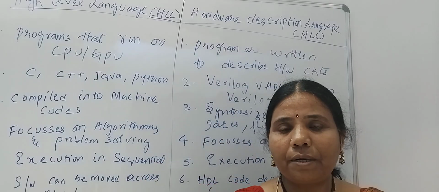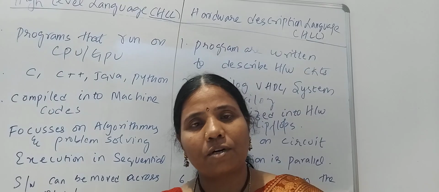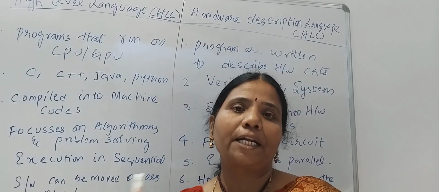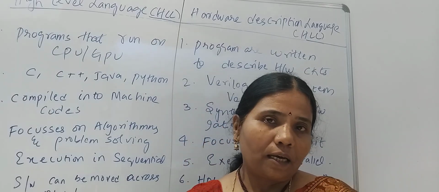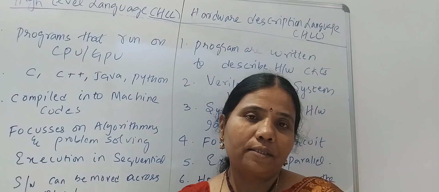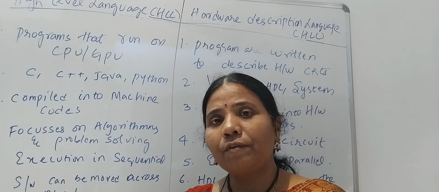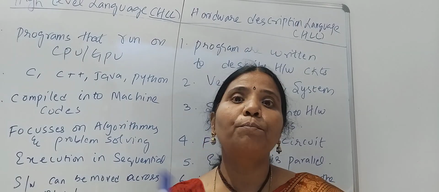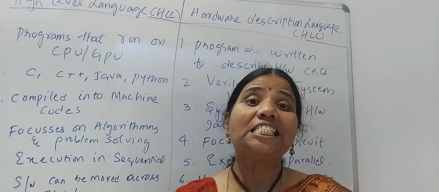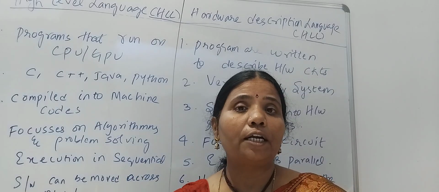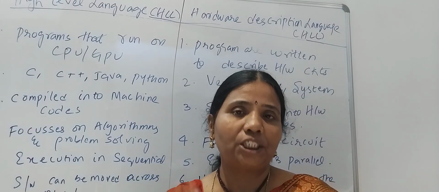In previous videos we have already discussed assembly level language programming, binary level programming, and high level language programming. Whenever the programmer writes a program in terms of ones and zeros, that program is called a binary level program or machine level program.